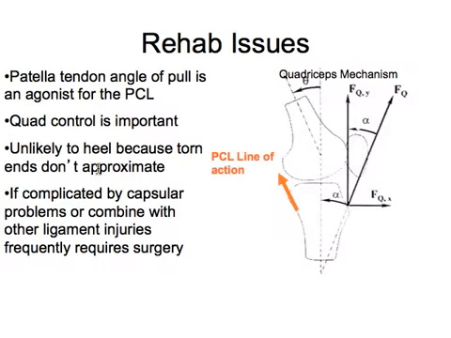The one thing that's interesting about PCL injuries is that people can live with this laxity quite well because the quadriceps mechanism controls the posterior displacement from a muscular standpoint, even when the PCL is not active.